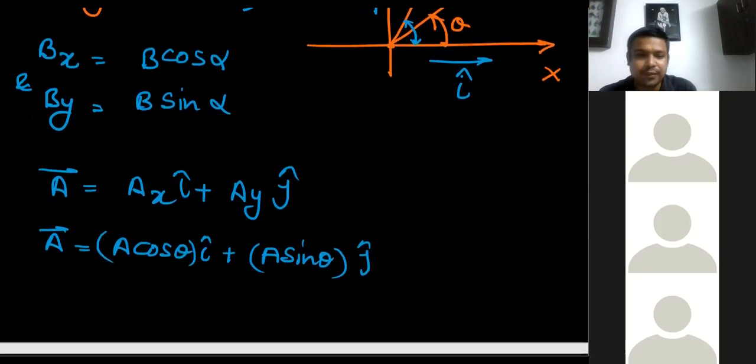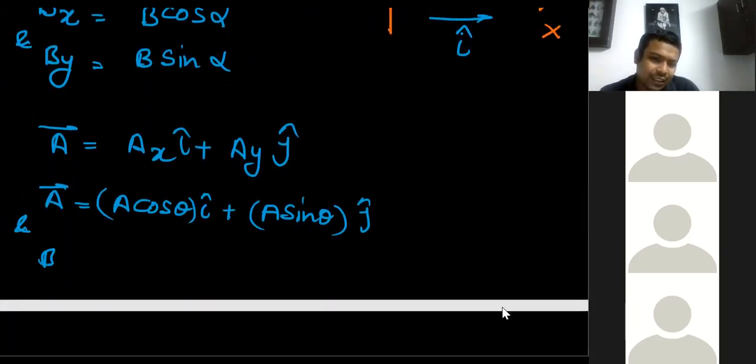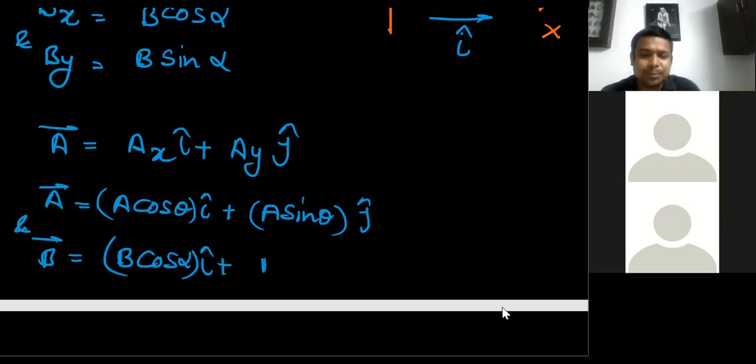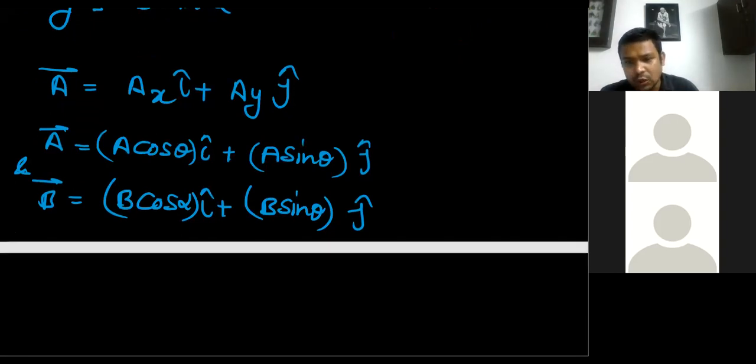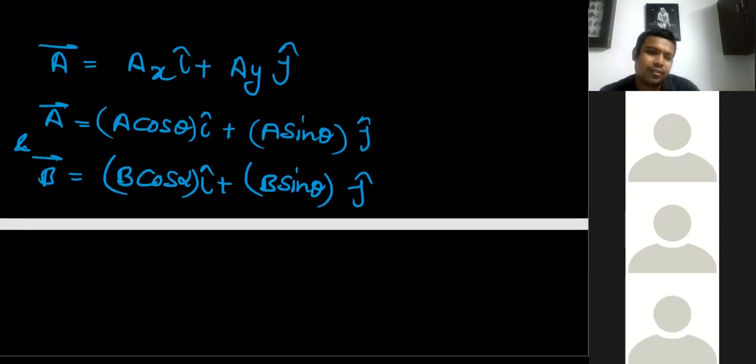And vector B is B cos alpha i cap plus B sin alpha j cap. Clear? Now tell me, my dear friends, vector A plus vector B is what?